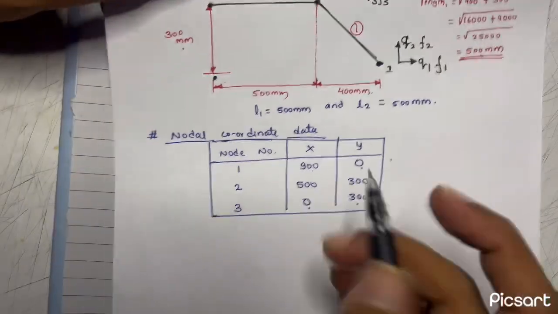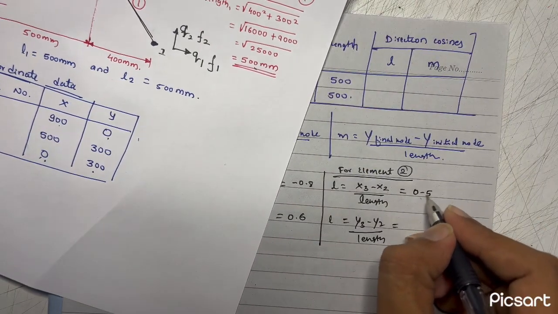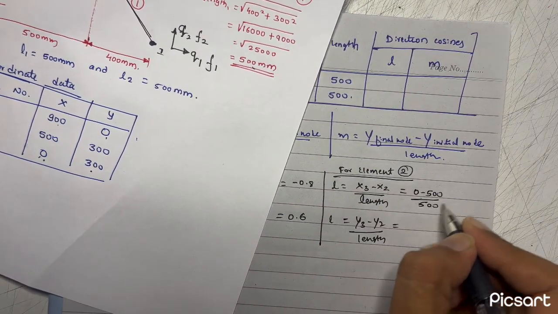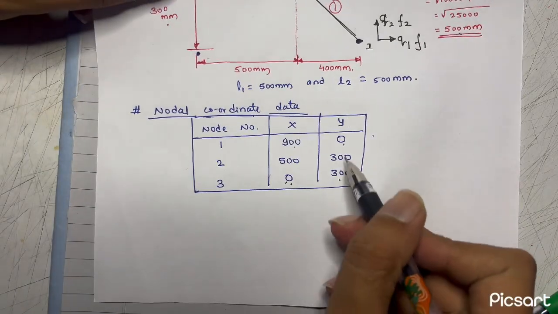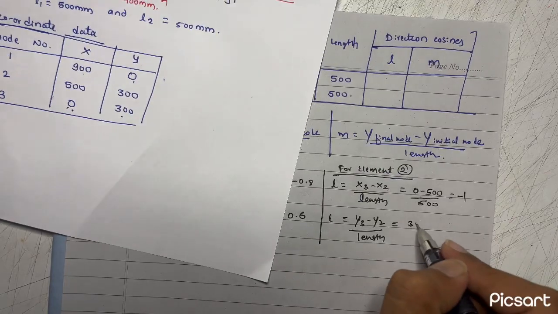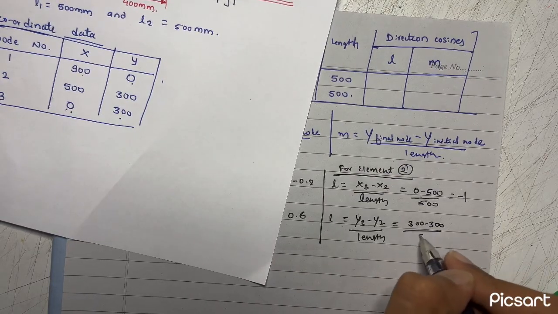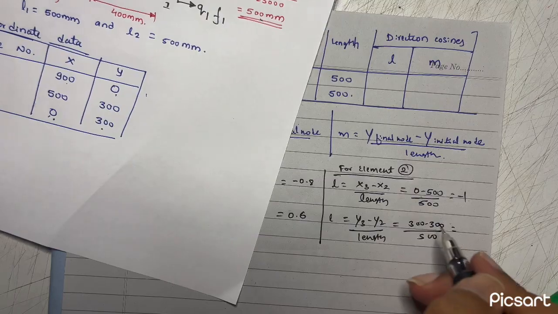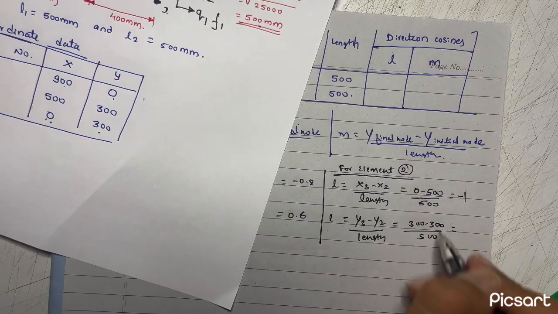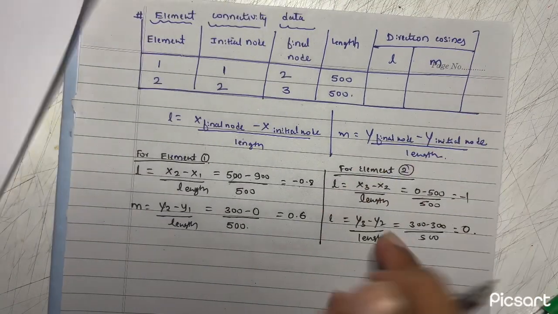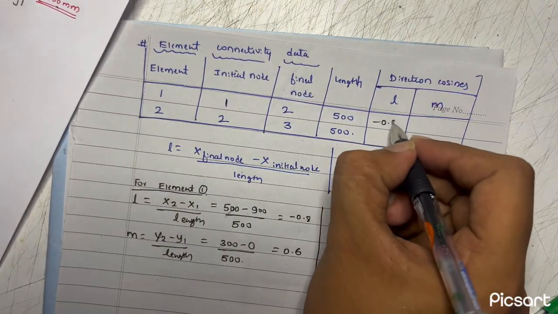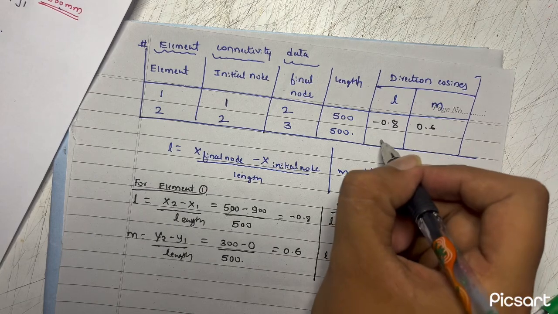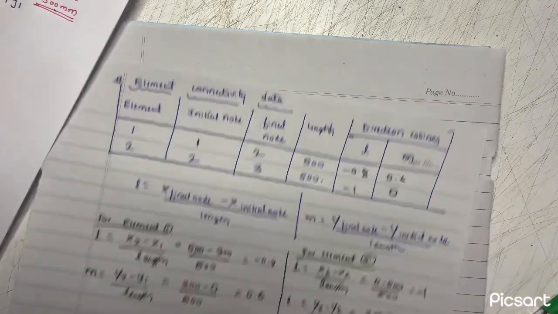Here x3 and x2 give 0 minus 500 divided by 500, we get minus 1. Similarly, y3 minus y2 is 300 minus 300 divided by 500. Anything minus the same thing is 0, and 0 by anything is 0. You just substitute these values in this table: minus 0.8, 0.6, minus 1 and 0.